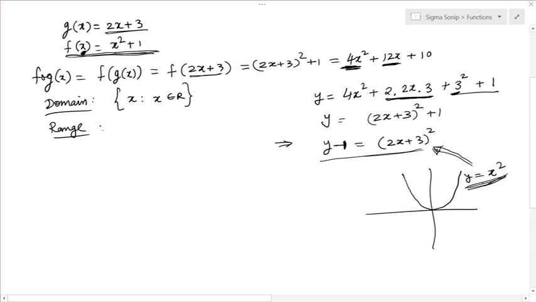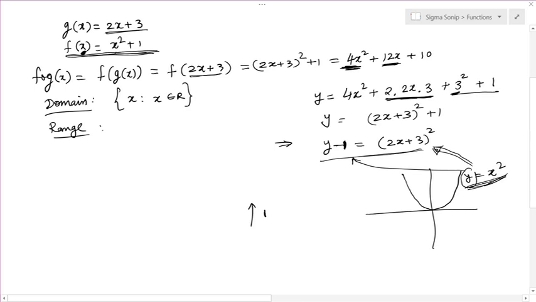So the first thing is that I see that I'm replacing y with y minus 1, which means my graph would translate one step in the positive y direction. So it moves up by 1.